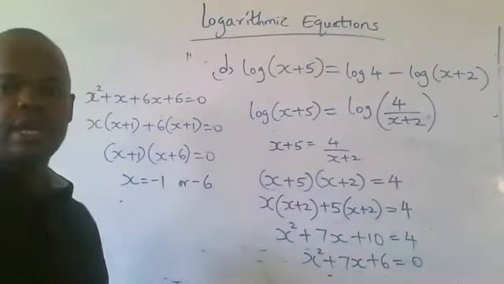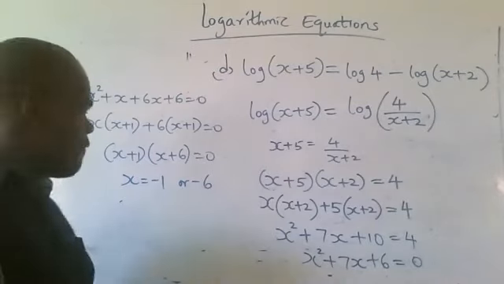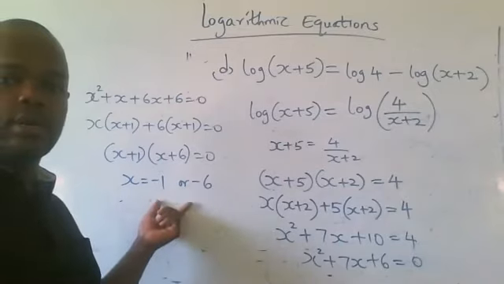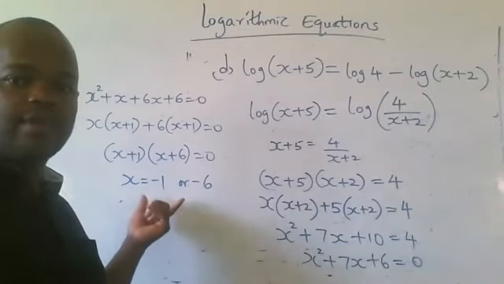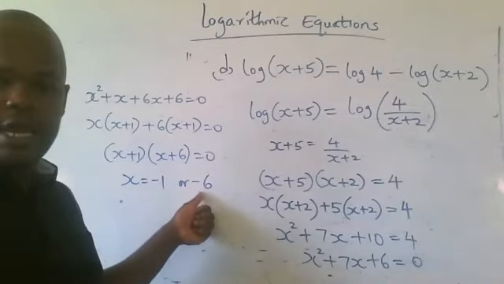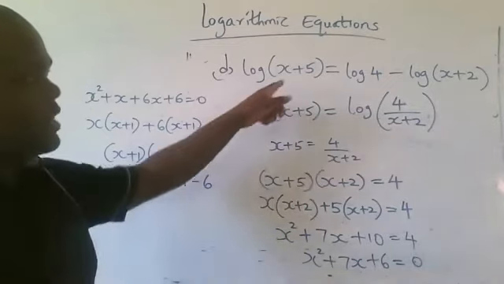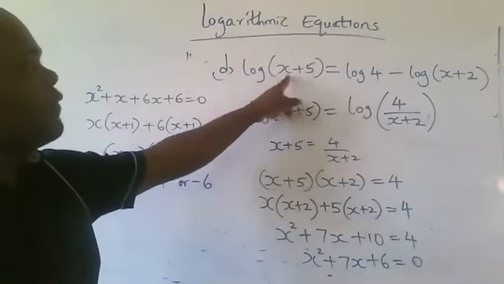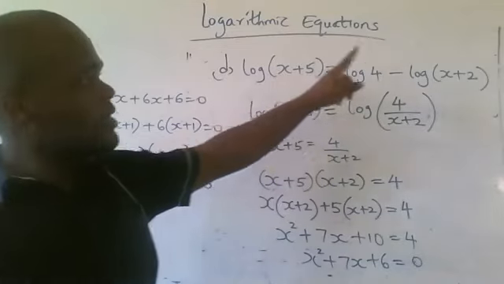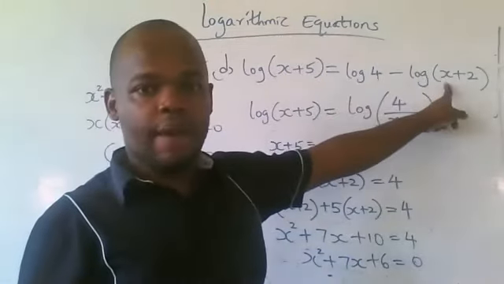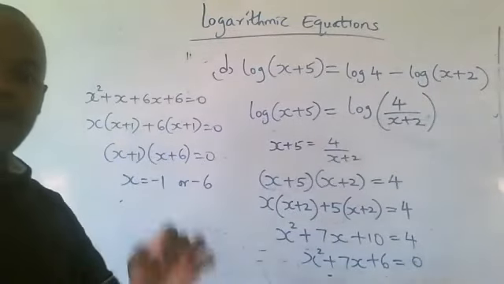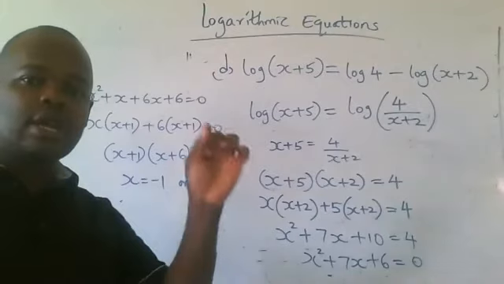The one thing you need to understand here: if I leave my answer at this point, will I get full marks? The answer is no. Because if I substitute negative 6 here, this will be log of negative 1, and here it will be log of negative 4. And you know, log of a negative number does not exist.